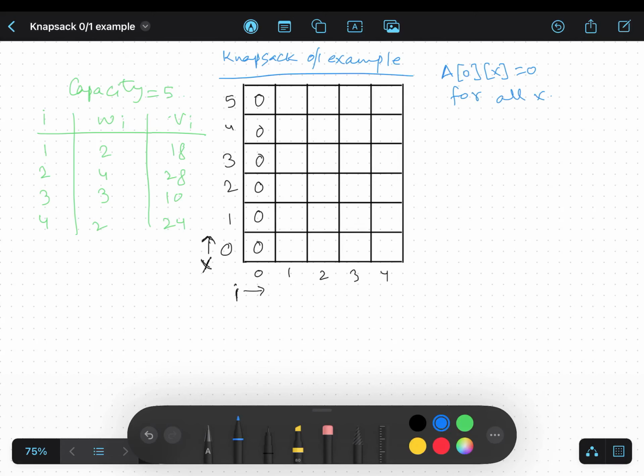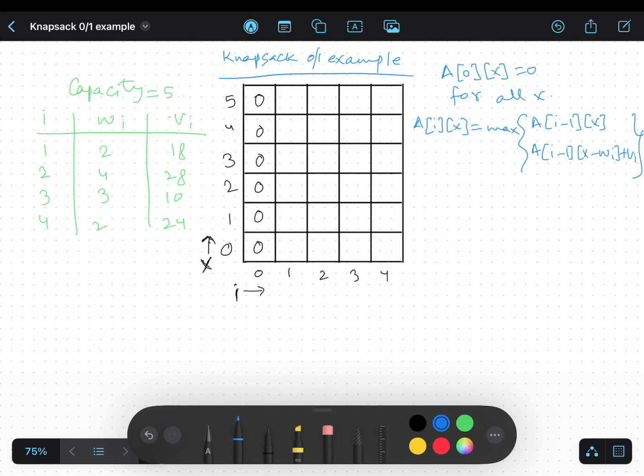Okay. After that we say A(I, x) is the max of A(I minus 1, x) and A(I minus 1, x minus Wi) plus Vi.